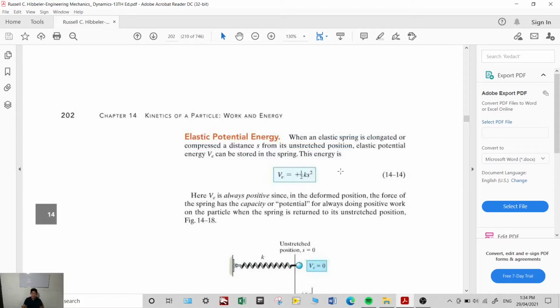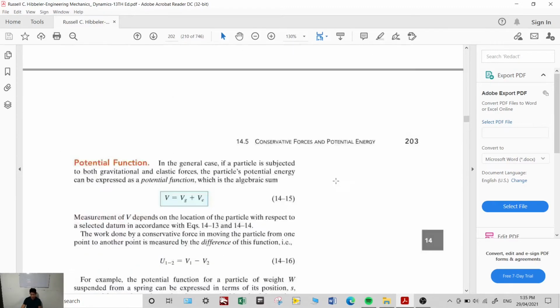Another potential energy is the elastic potential energy, where an elastic spring is elongated or compressed a distance s from its unstretched position. This is denoted by V sub e, which is equal to positive one half k s squared. Whether you elongate or compress the spring, its potential energy is always positive.